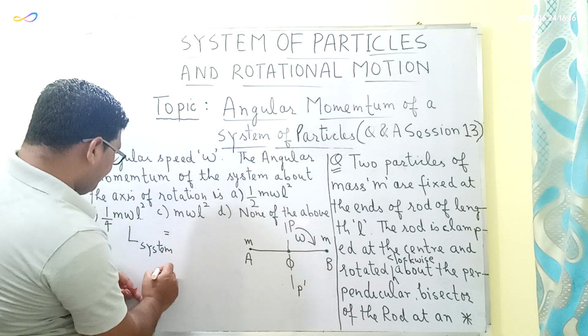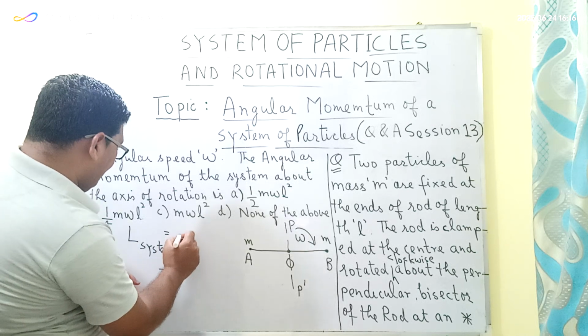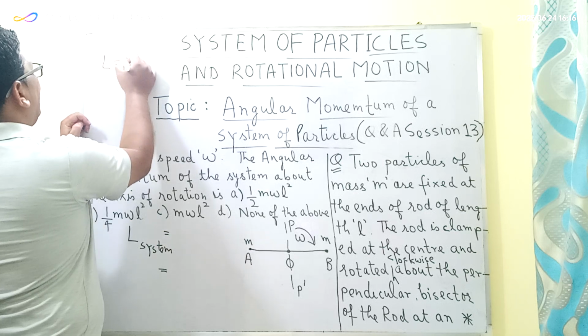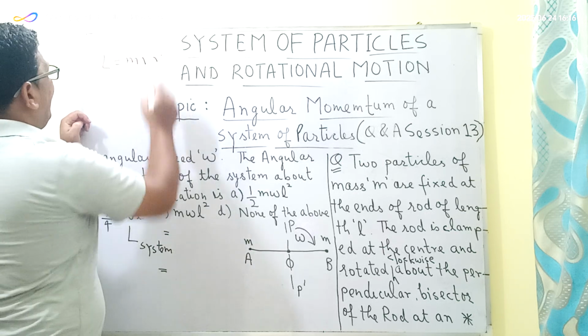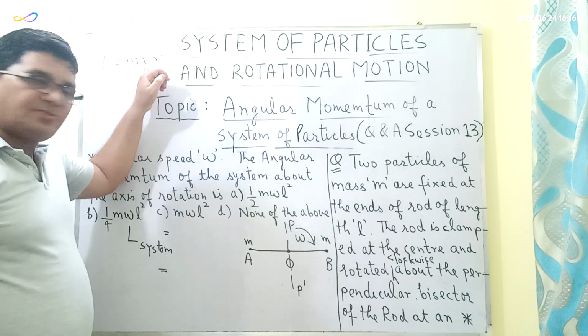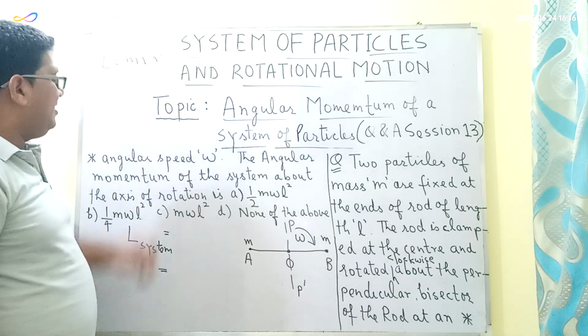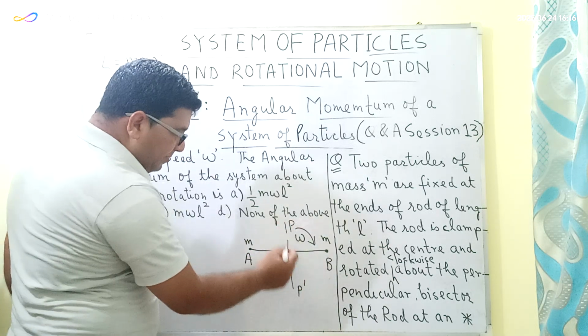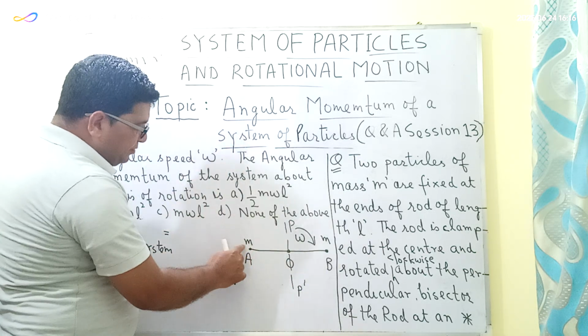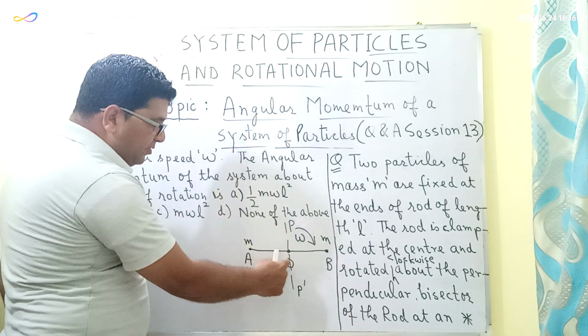Angular momentum is equal to mvr. The formula for the angular momentum is m into v into r, where v is the linear velocity, m is the mass of the particle, and r is the distance of this particle from the point of rotation.